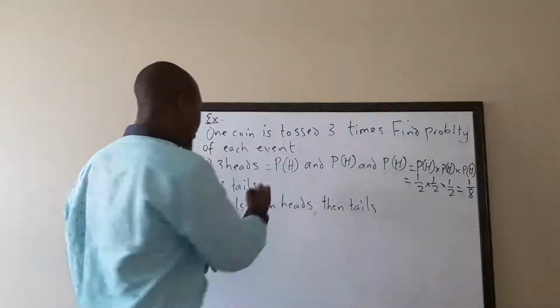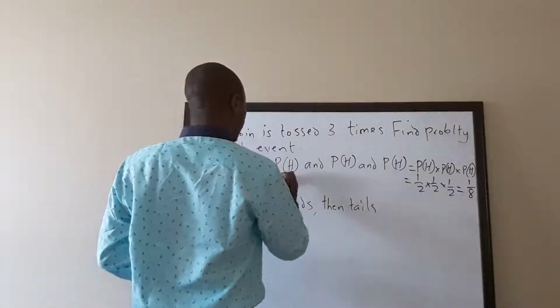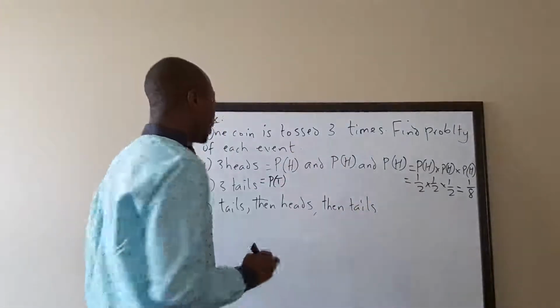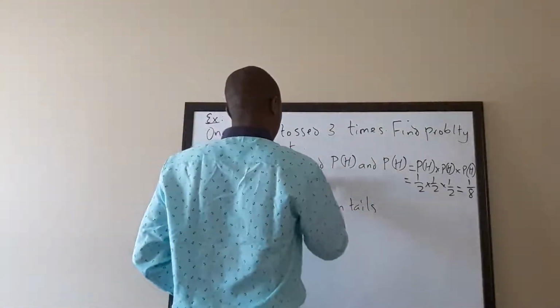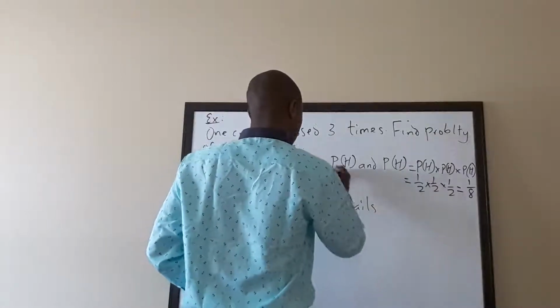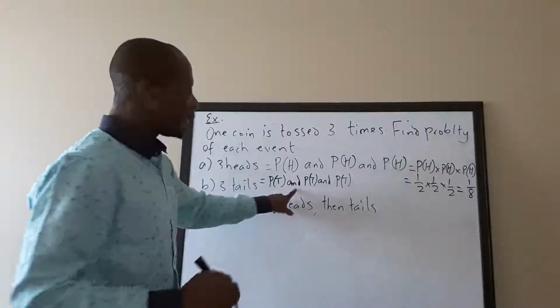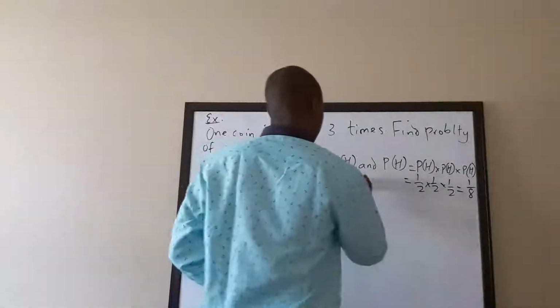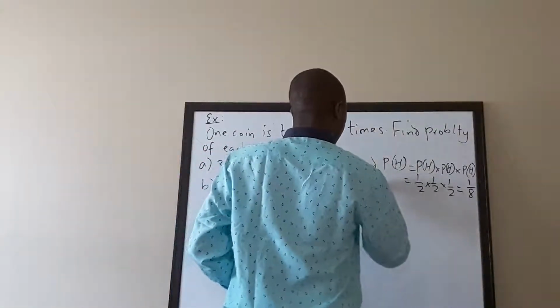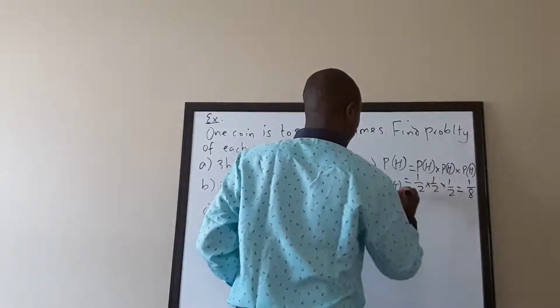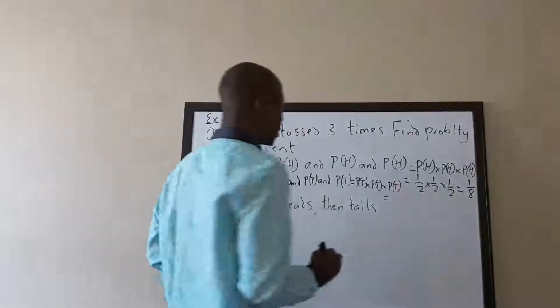3 tails is going to be similar. It's going to be P of T and P of T and P of T. And changes to times. P of T times P of T times P of T equals.